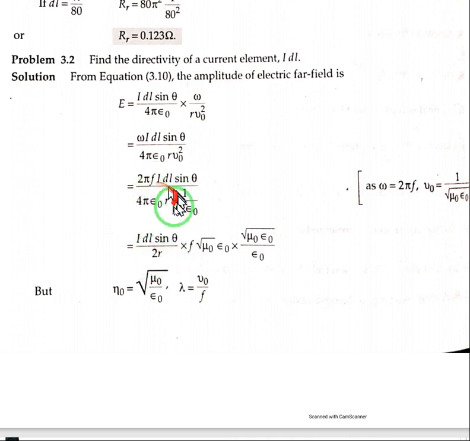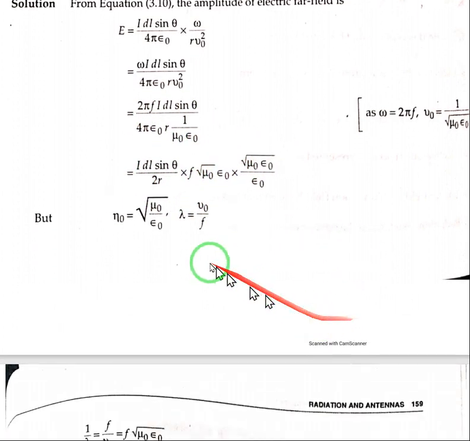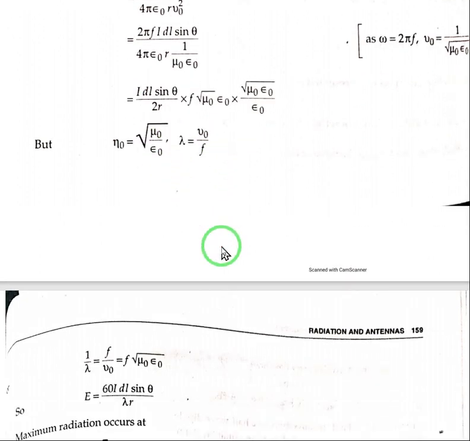It becomes I dl sine theta over 2r into f, that is, 2 pi f I dl sine theta over 4 pi epsilon naught r times root of mu naught epsilon naught. After simplifying, we got I dl sine theta over 2r into f times root of mu naught epsilon naught multiplied by root of mu naught over epsilon naught.